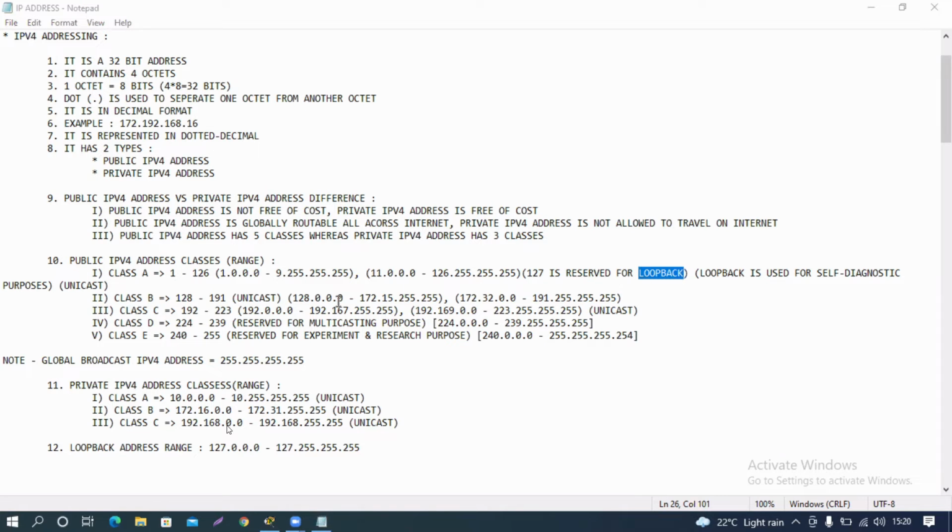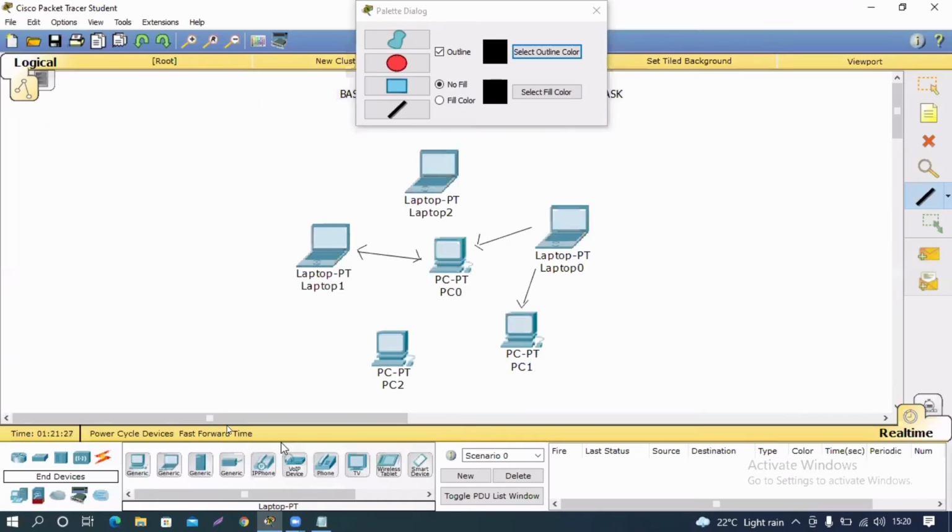Okay. So what exactly is loopback? Loopback is used for self-diagnostics purposes, everyone. Self-diagnostics simply means that when you are communicating from your machine, let's say that this is your machine, and you are trying to communicate with this laptop one.